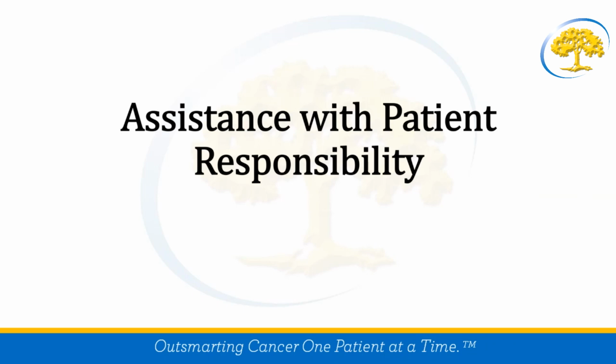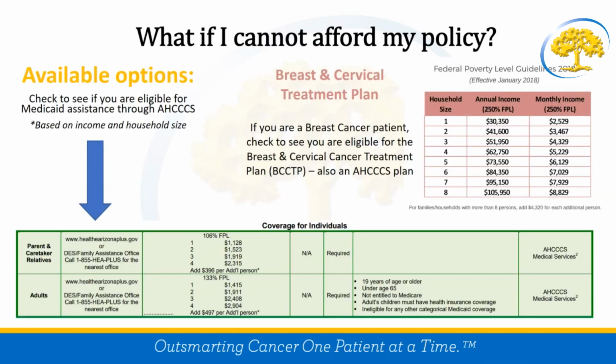So then just to kind of give you an idea of what assistance is available for you when it comes to the financial part of it. What if you can't afford a policy right now? Especially with the pandemic and just in general, people do tend to have trouble maintaining a policy when you do have cancer.